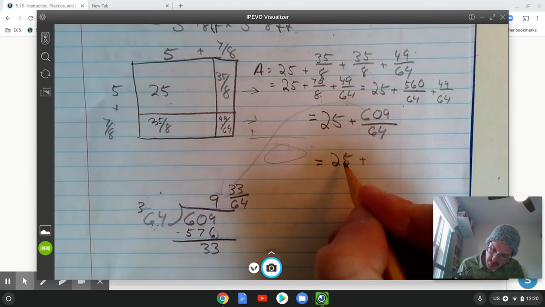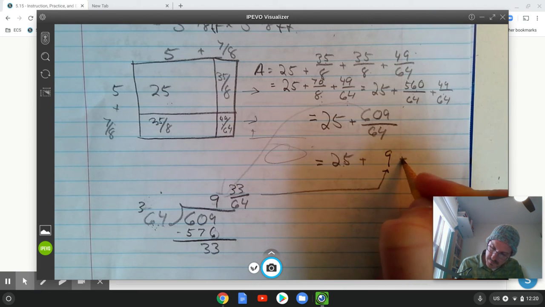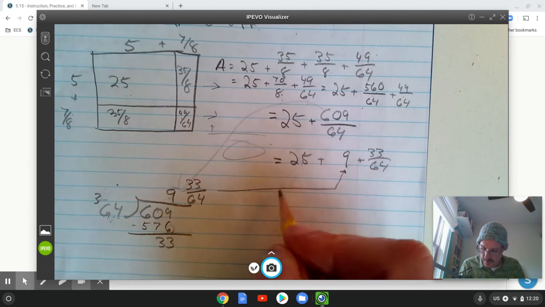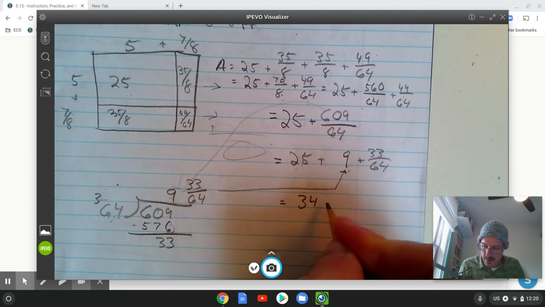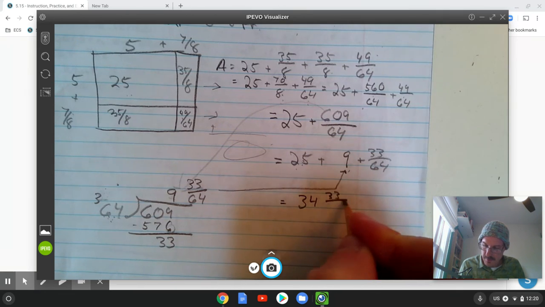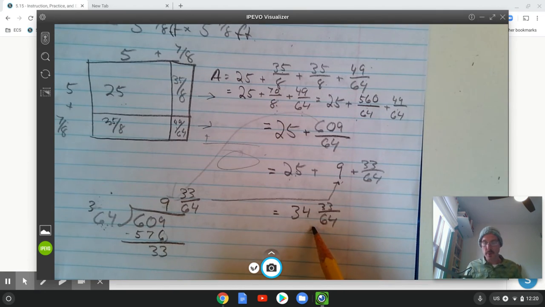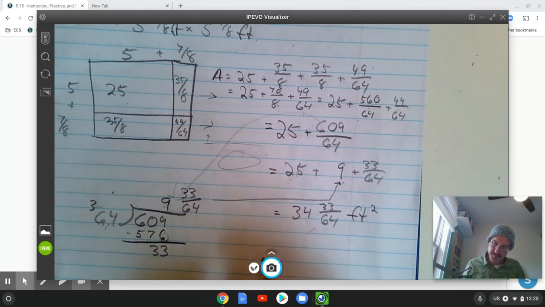All right, so this 9 and 33 64ths, I just broke that out, right? So now 25 and 9 is 34 and 33 64ths. So the area of this is 34 and 33 64ths square feet.